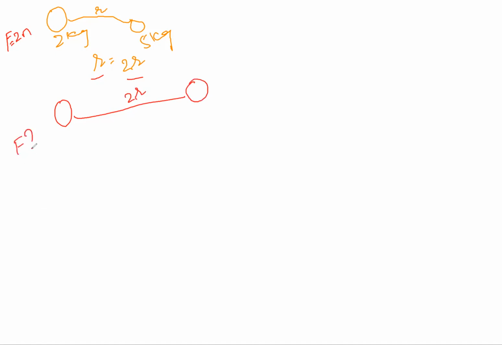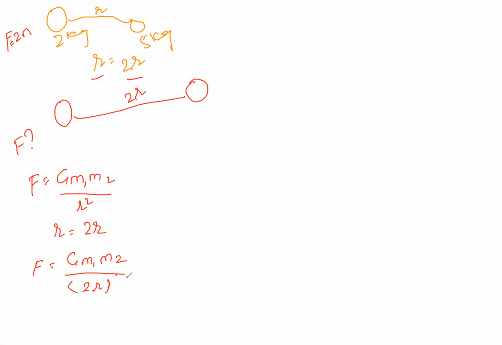Now he asked it, right? Already we have the formula F equals G m1 m2 by r squared. We have the condition that r is doubled, that means r becomes 2r. Then F equals G into m1 m2 by 2r whole squared, so F equals G m1 m2 by 4r squared.